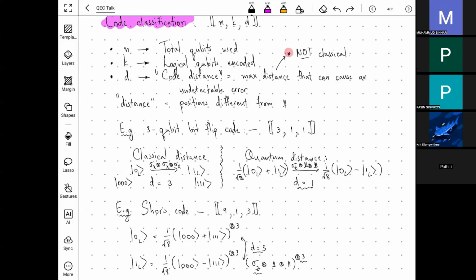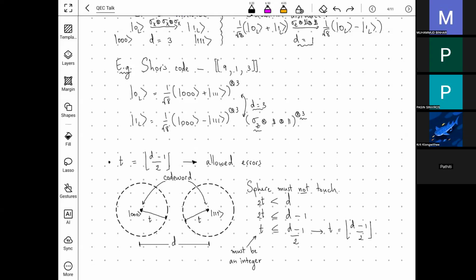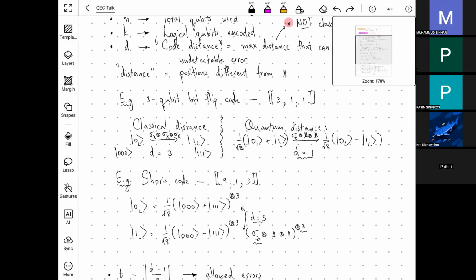I think it's better to keep going. Maybe the answer will pop up. On this point I'm really not sure, because in some literature it says that the distance of the 3-qubit bit flip code is actually 3.